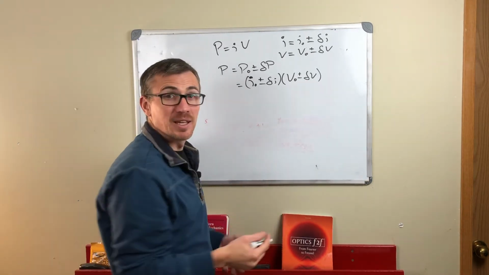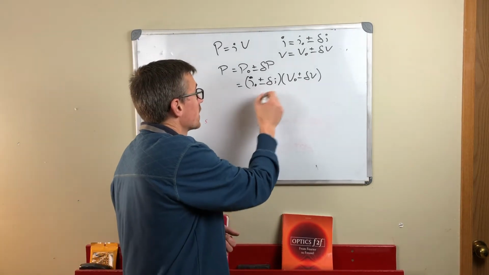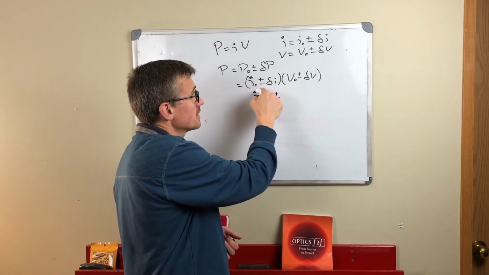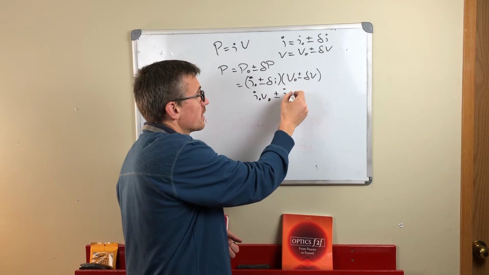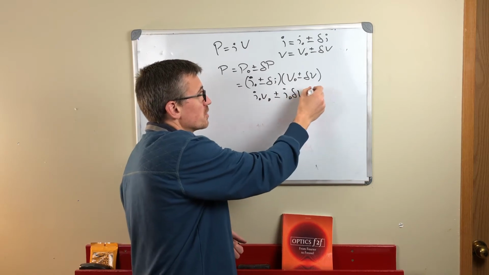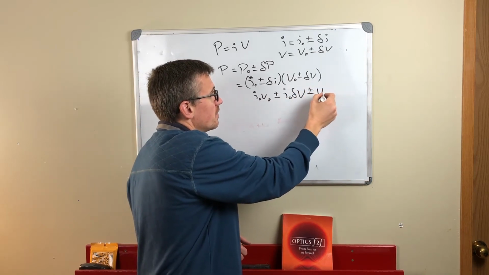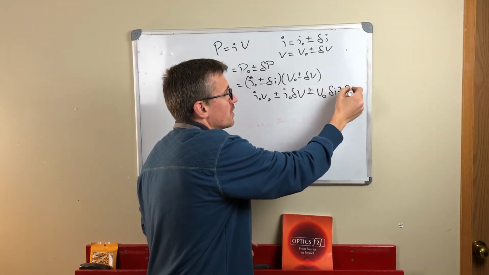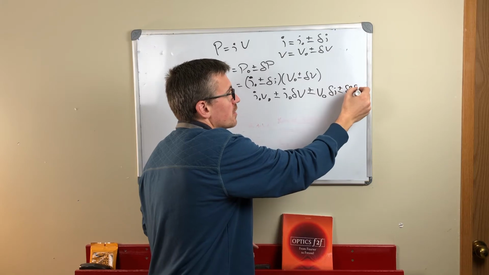These things are maximally big at the same time. Okay, so we're going to get I naught V naught plus or minus I naught times delta V plus or minus V naught times delta I plus or minus delta I times delta V.